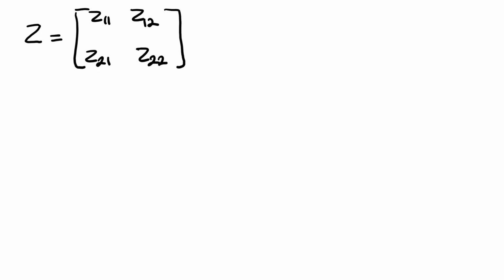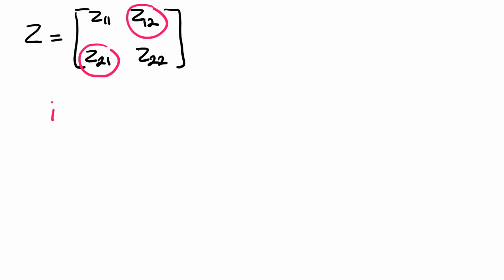Now, here you can see that you have 4 different terms to define, but there is something that might help you. There is a shortcut. Regarding Z12 and Z21, they are equal as long as you don't have any dependent source in your circuit.